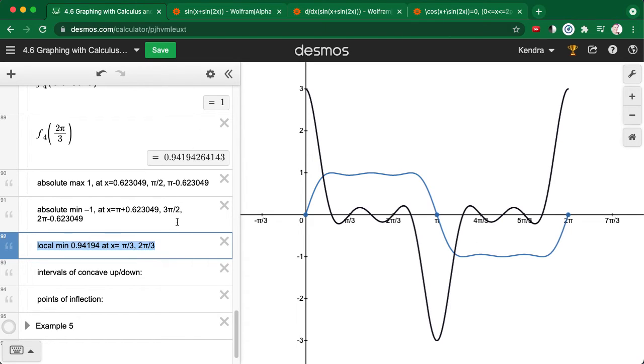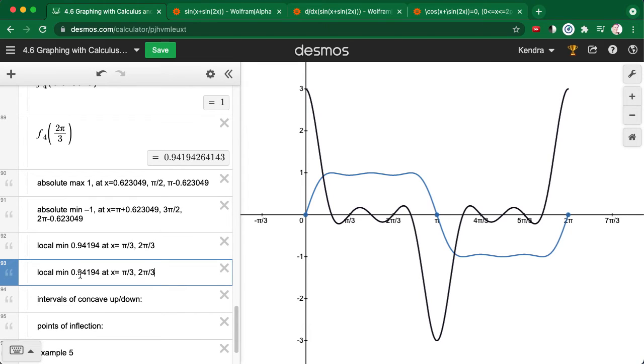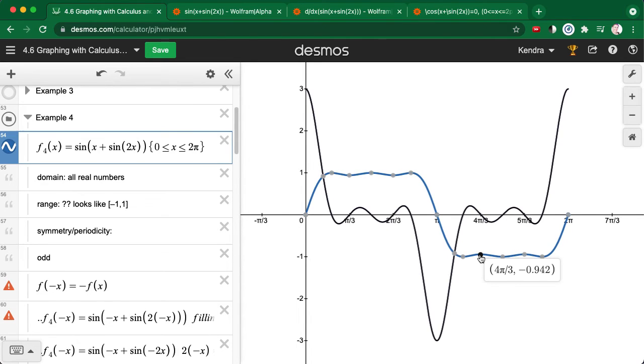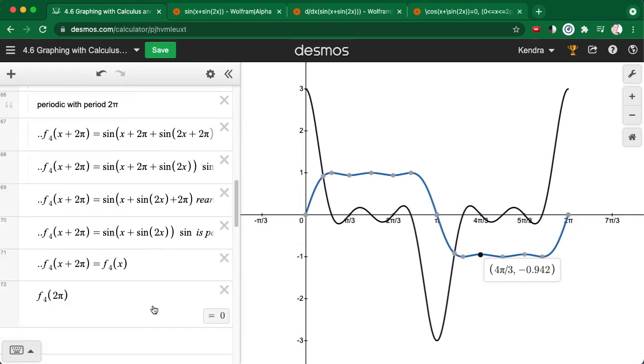So local maximum is going to be negative. It's the negative of that same y value, negative 0.942.